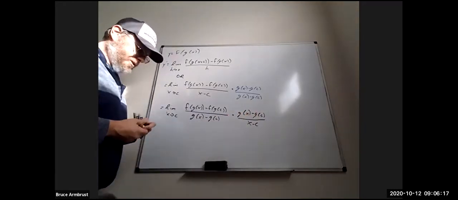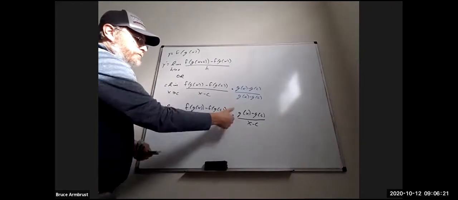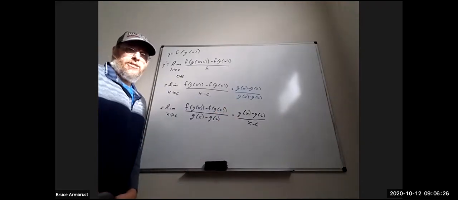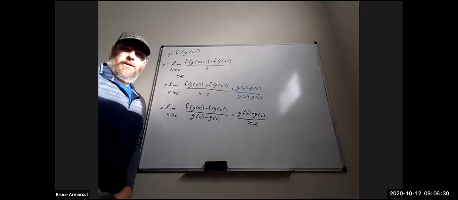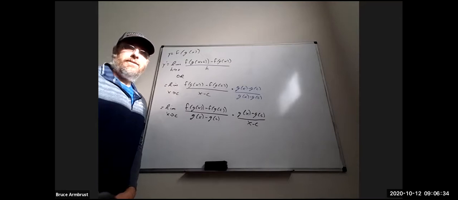Really all I did was take those two bottoms and swap them, and I can definitely do that because this is multiplication. The order of multiplication doesn't matter. And hopefully you remember with fractions, as long as stuff on top stays on the top and things on the bottom stay on the bottom, you're still fine.